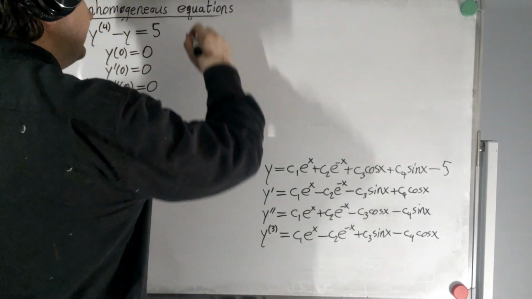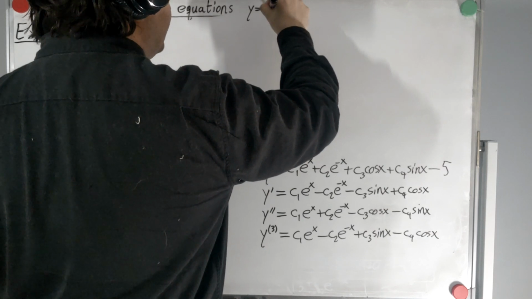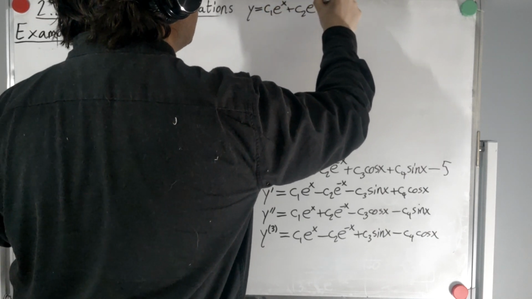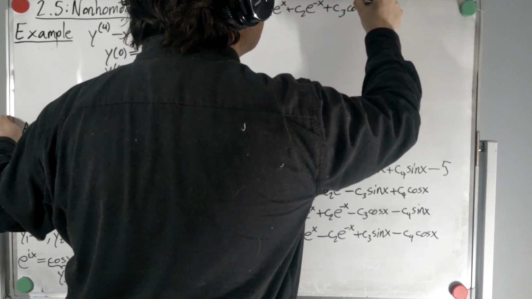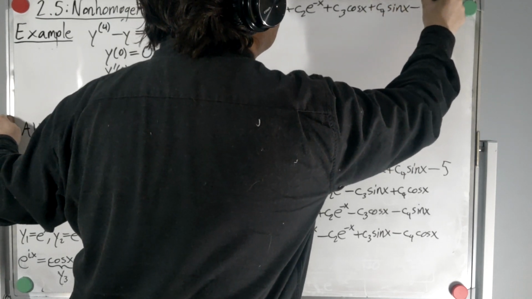And I'm just going to say that the general solution is going to be c1 e to the x plus c2 e to the negative x plus c3 cosine x plus c4 sine x minus 5.